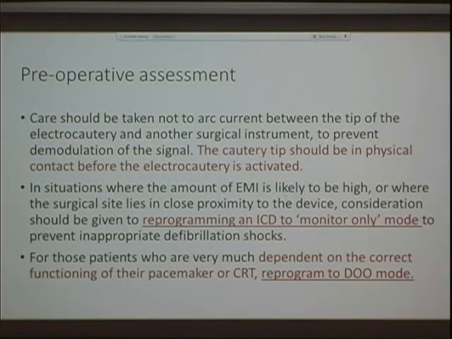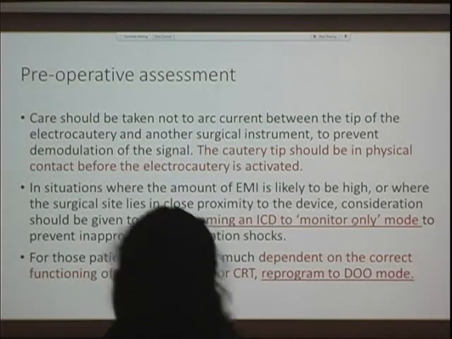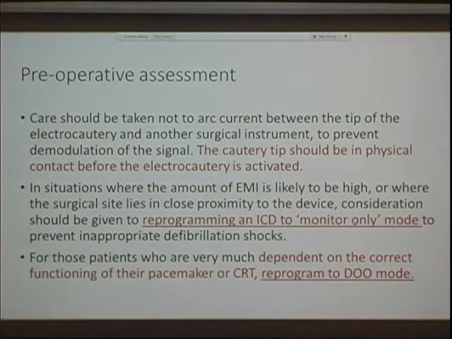In situations where EMI is likely, or if it is above the umbilicus, then it's best to reprogram a defibrillator to a monitor-only mode. Now, defibrillators work as pacemakers and defibrillators. They will continue to pace, but you can turn the defibrillator function off by what's called the monitor-only mode, where it'll record but not act. And this can be fairly easily achieved by putting a magnet on a defibrillator.